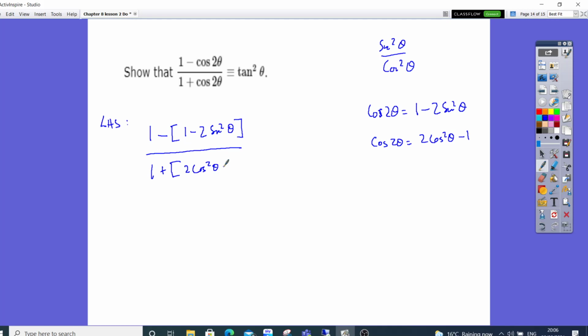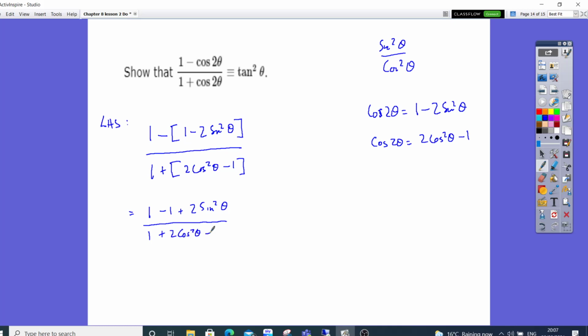Now I'm going to get rid of the bracket, so that gives me 1 minus 1, minus minus becomes a plus 2 sine squared theta all over 1 plus 2 cos squared theta, and plus minus makes a minus 1.